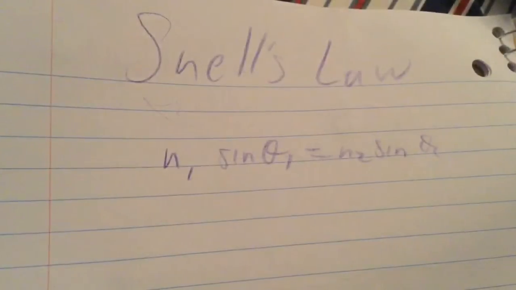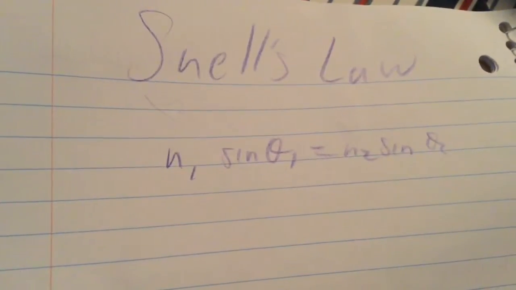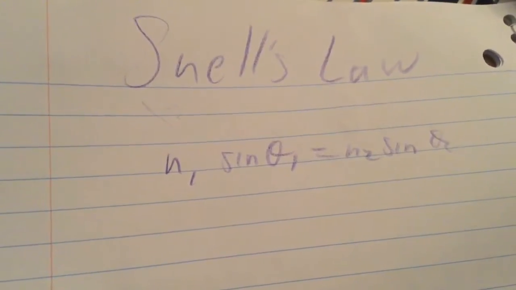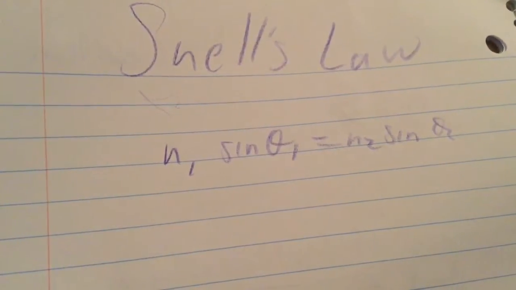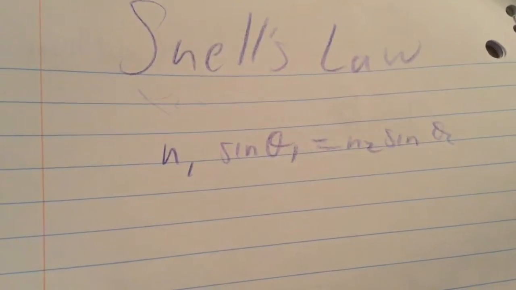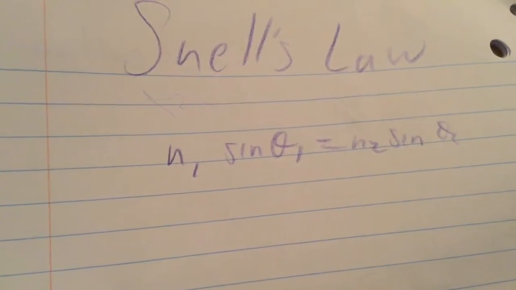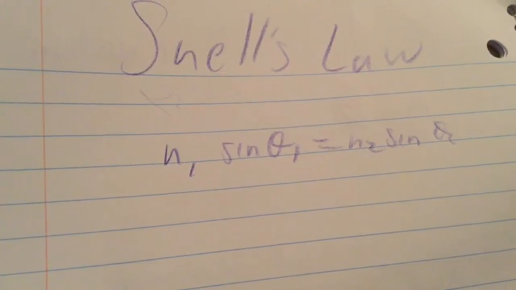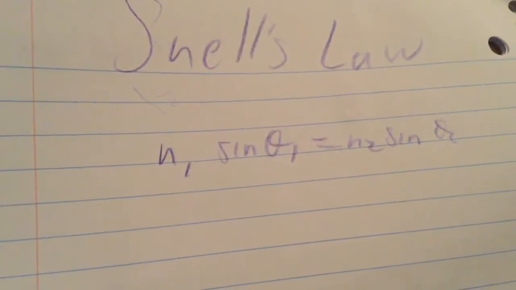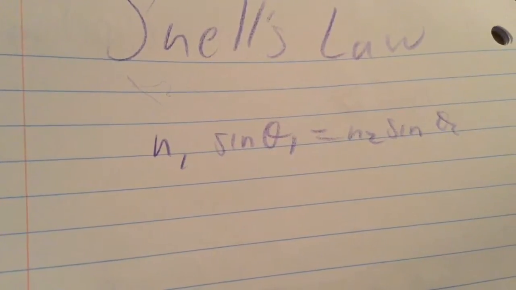What we'll cover today is Snell's law. Snell's law basically says that as light waves bend when they come in contact with a material, how much they bend is dependent on the initial index of refraction n1 times the sine of the angle at which they hit the material, sine theta 1. This is equal to n2 times sine theta 2, the angle at which it's refracted.